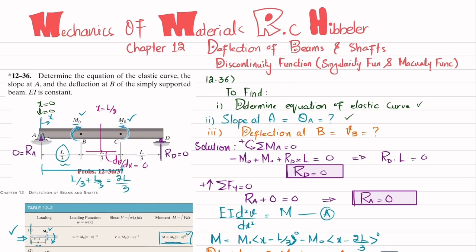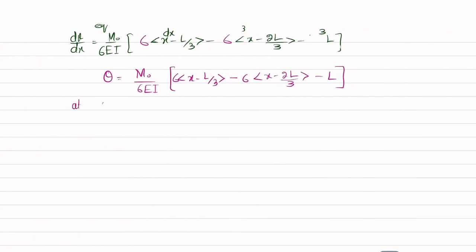Now we have to find the slope at point A. So here at x is equal to 0, the slope will be equal to theta A, or dV over dx at x is equal to 0.